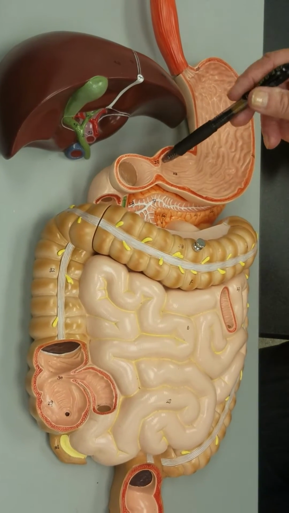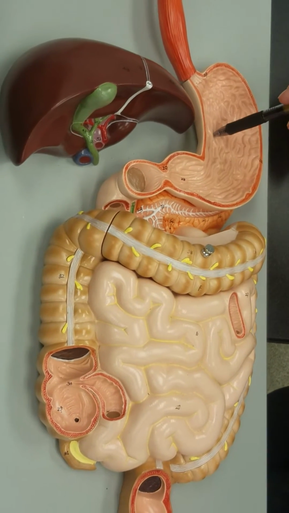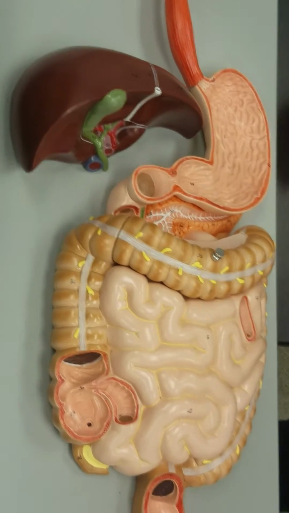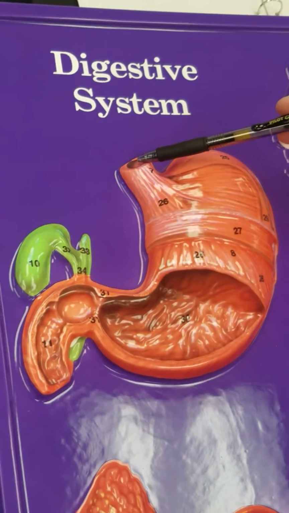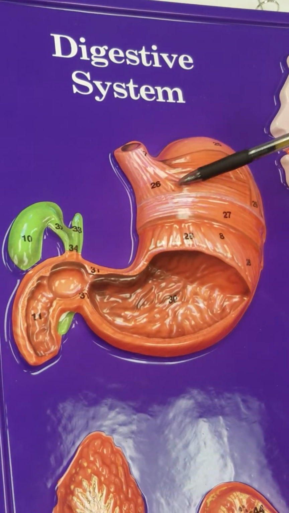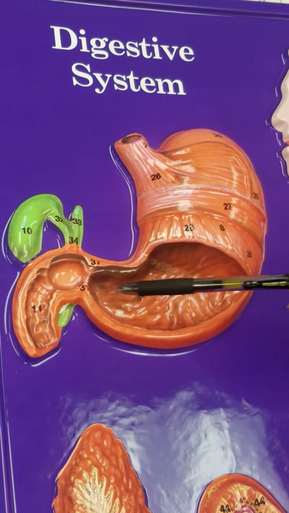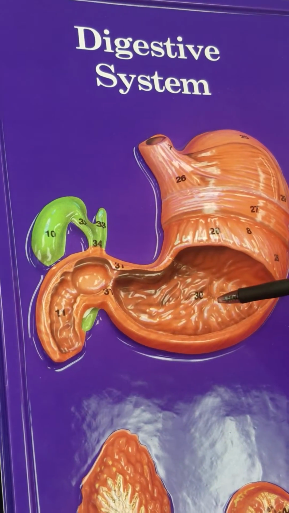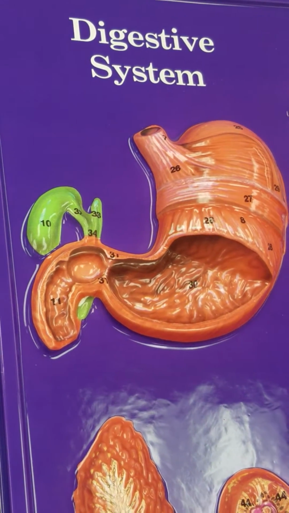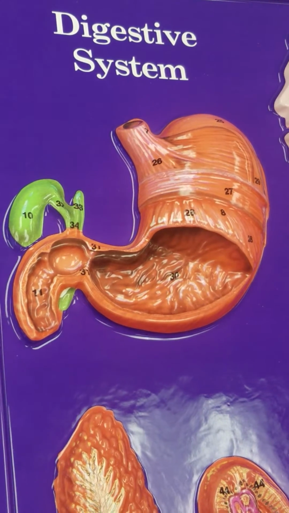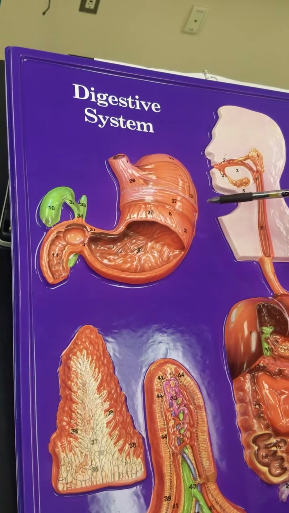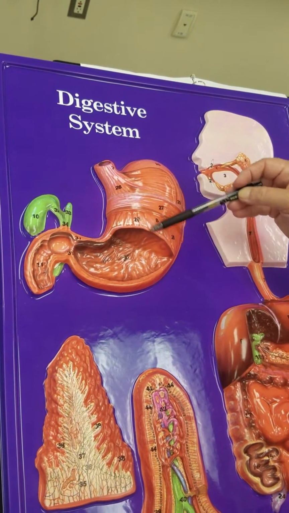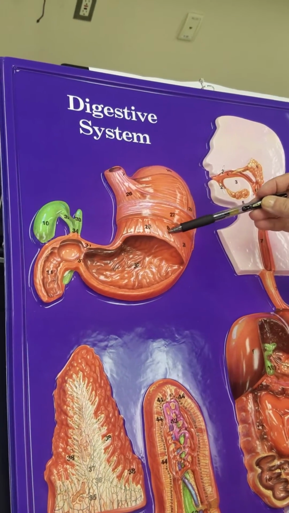Before we move away from the stomach, we need to identify the layers of the stomach. The cookie sheet model is good for that. This gives you one great big stomach. We have the esophagus, cardiac sphincter, the stomach with its rugae, and the pyloric sphincter. Unlike other areas of the alimentary canal that have two layers of muscle, an inner circular and an outer longitudinal, the stomach has a deeper third layer which runs at a 45-degree angle, so it's called the oblique.